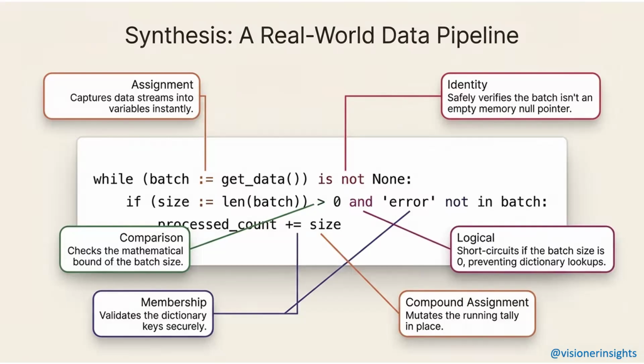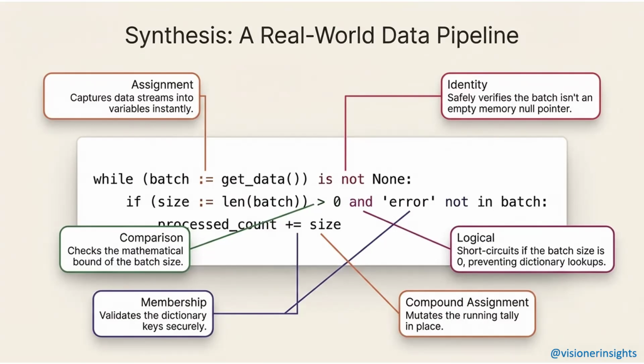Right after that, the is not identity operator safely checks that we actually received some data. Then, the greater-than comparison operator checks the batch size. The AND logical operator cleverly short-circuits if the size happens to be 0, which prevents an error. Next, the not in membership operator validates the dictionary keys, and finally, the plus equals compound assignment operator updates our running total. That is 6 different operator types, all working together in one single, elegant line of code.